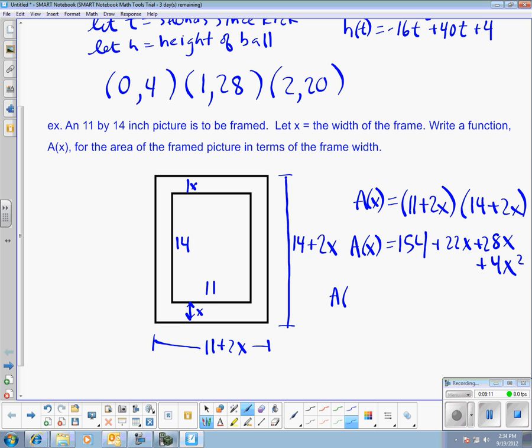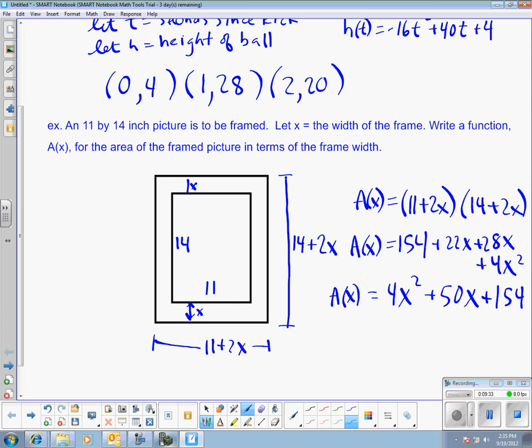So I'm going to put that back into the right order. 4x squared plus, see, 22 and 28, that's 50x plus 154. Okay? So notice that 154, where do you think that is in this whole scenario?